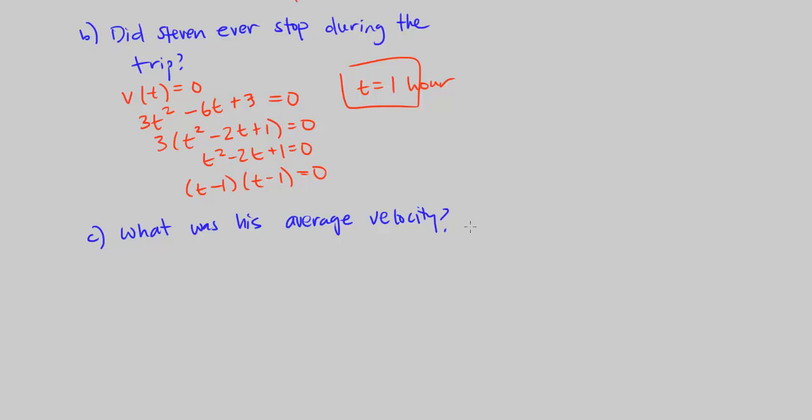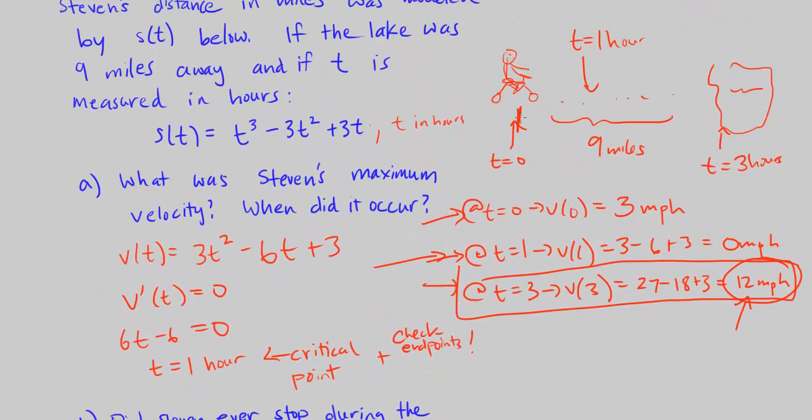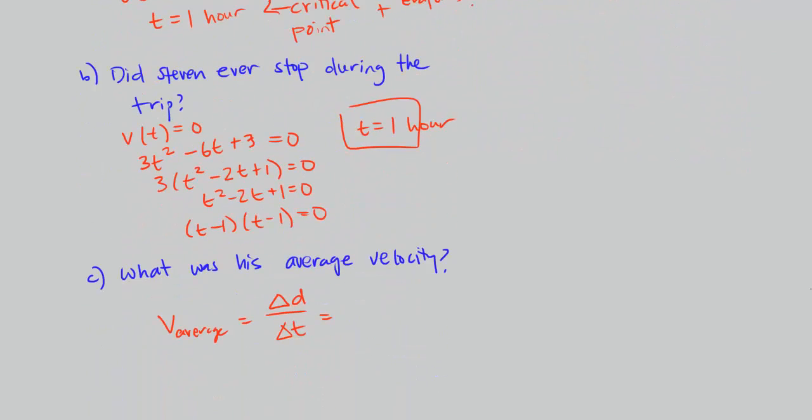Finally, in part C, it says, what is the average velocity? Well, average velocity is just the change in distance over the change in time. What is the change in distance? He goes from 0 to 9 miles, so his change in distance is 9 miles.